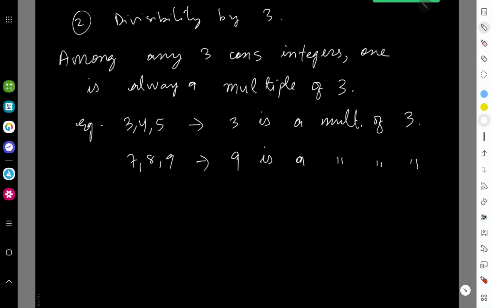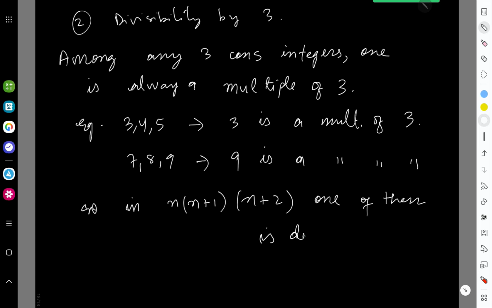Likewise, for any 3 consecutive integers, one is always a multiple of 3. So in n, n plus 1, n plus 2, one of them is always divisible by 3.